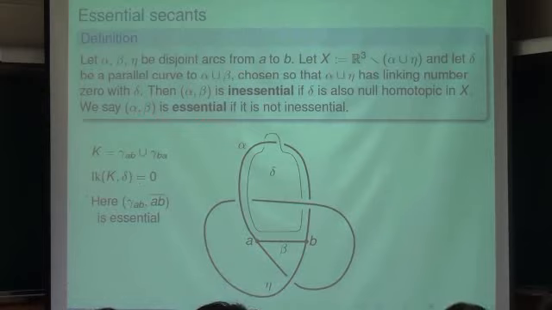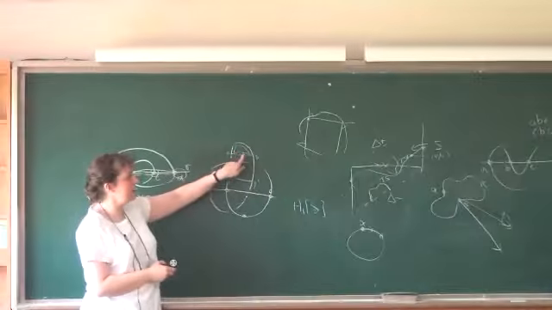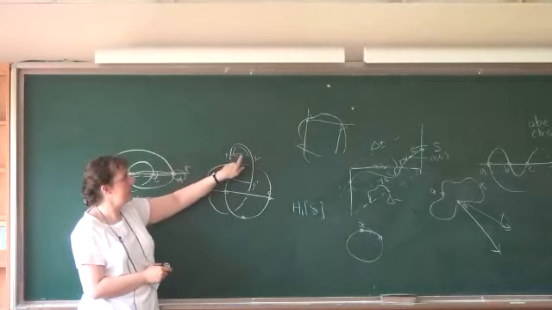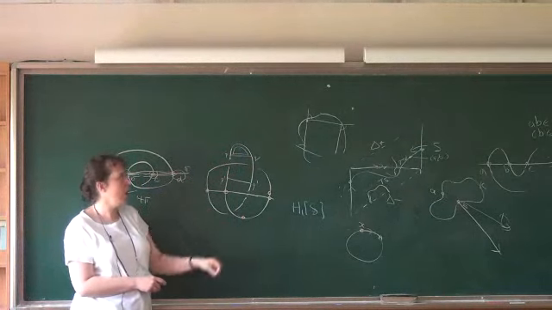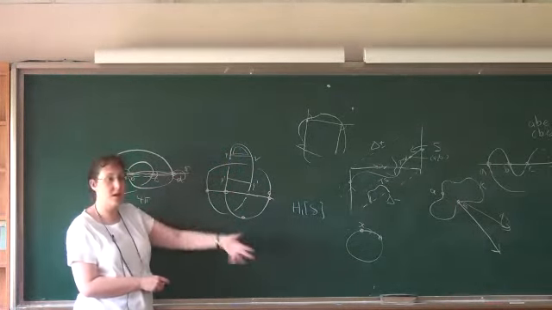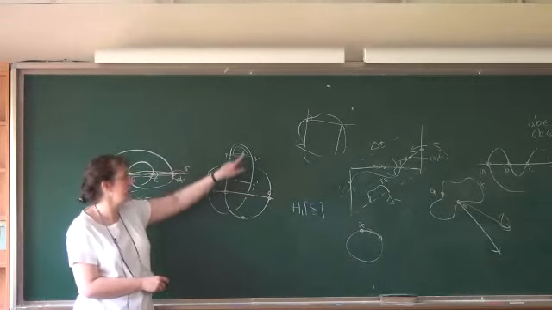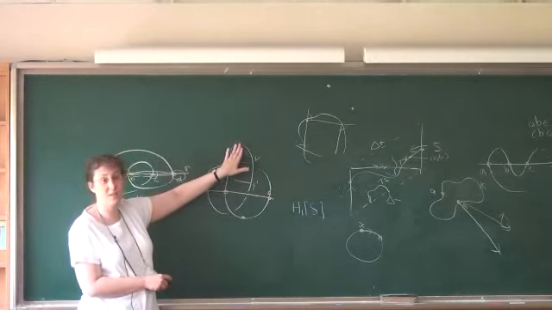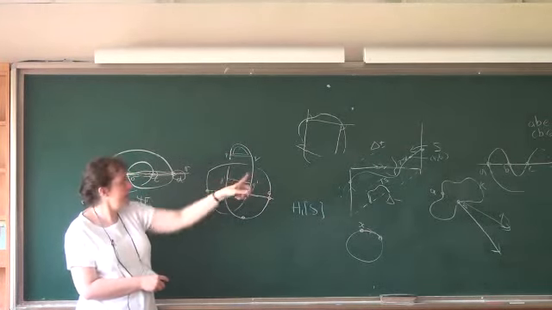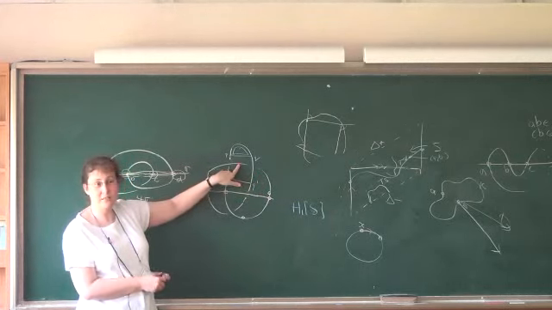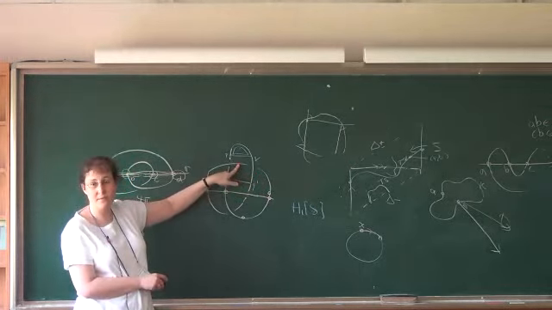Here is a secant line here, and if we draw our parallel line delta, this curve delta is trivial in the homology and the homotopy of the fundamental group of the complement of the knot. So this is nice, inessential. This guy here, as you can see, there's always this puncturing. So it's non-trivial in the fundamental group.